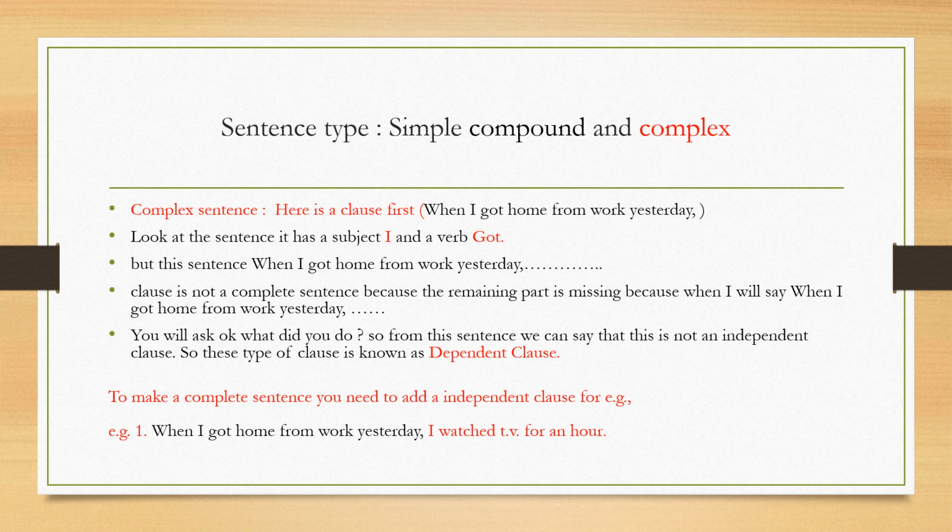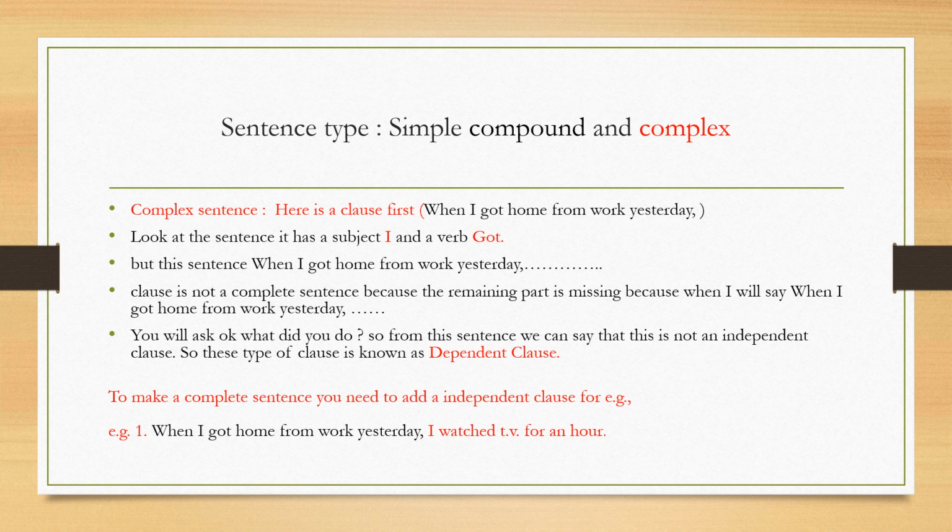This is known as a complex sentence, where you find one dependent clause and one independent clause. When I got home from work yesterday, this dependent clause is relying on I watched TV for an hour. So when I got home from work yesterday is the dependent clause and I watched TV for an hour is an independent clause. Why is that an independent clause?